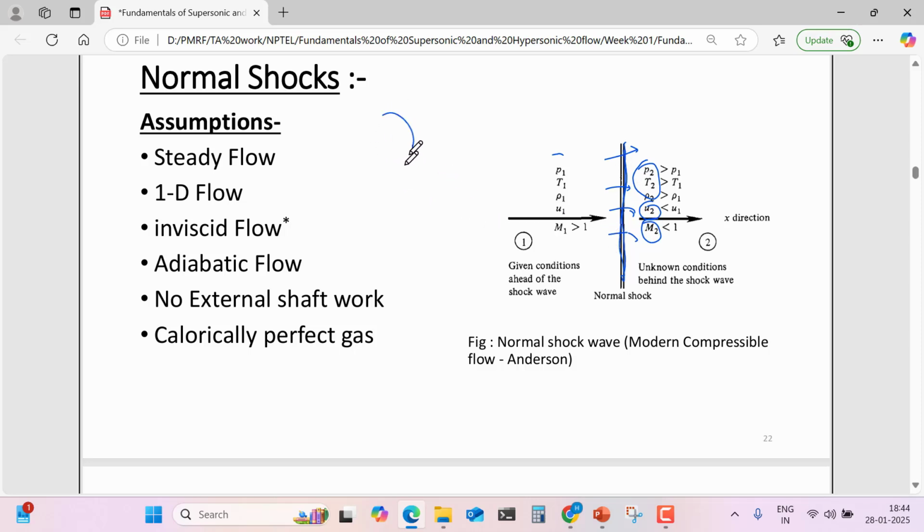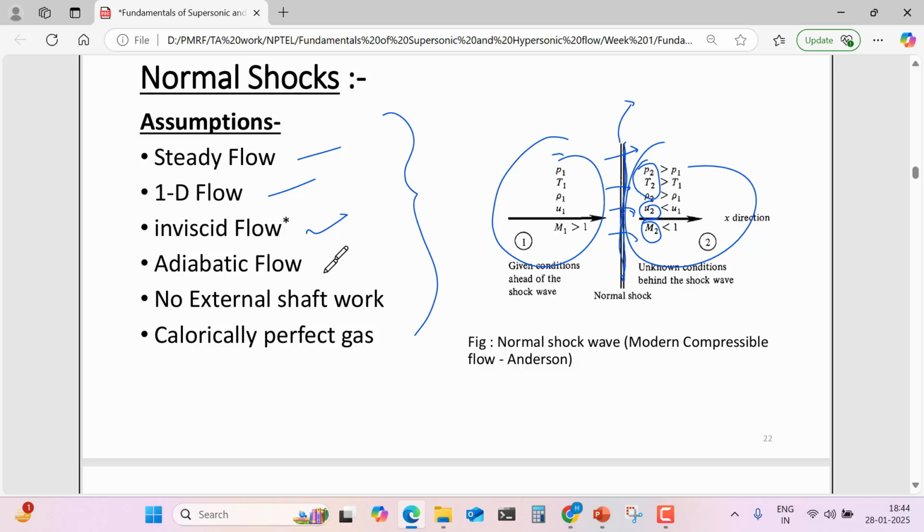So there are some assumptions for this normal shock. The flow is steady, 1D, and inviscid. This flow is inviscid only on both sides of the shock. Inside the shock, the flow is highly viscous, but it is very thin, so generally we neglect it. And the flow is adiabatic, so there is no addition or removal of heat.